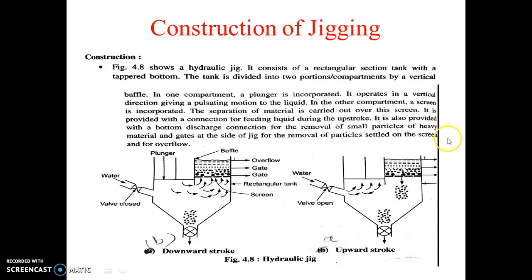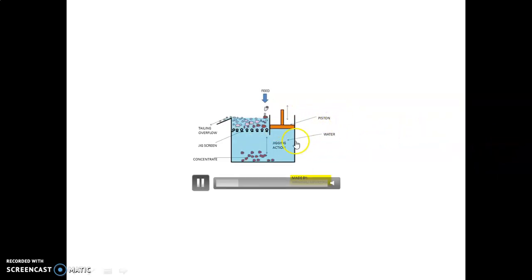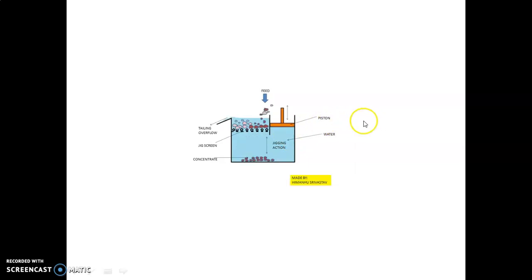In the 4 fractions, or in the 4 different sizes, we can separate this material by using the jigging process. So here I will show one animation, so that the animation will give the idea. If we look at this piston, or it is sometimes called plunger, it is moving in this direction.